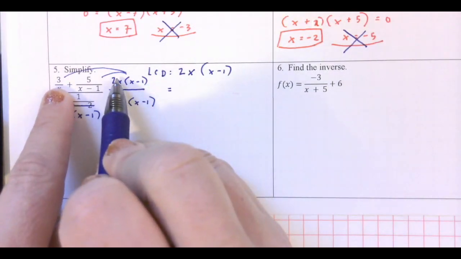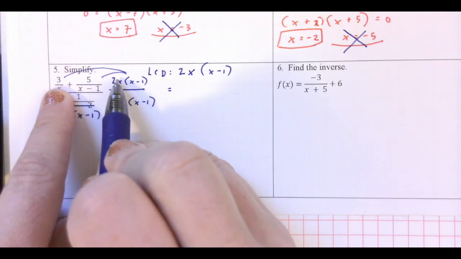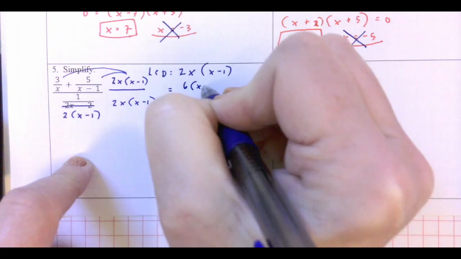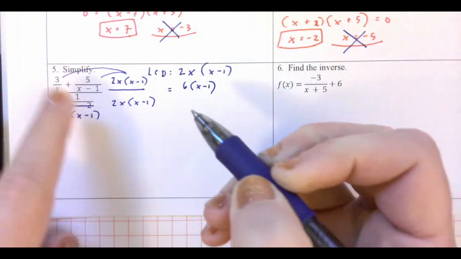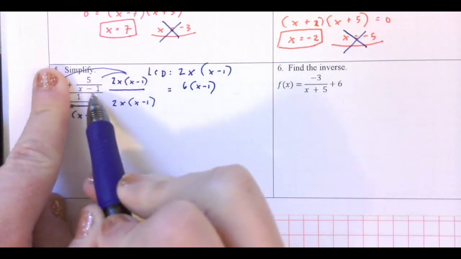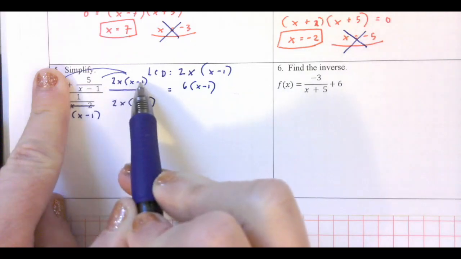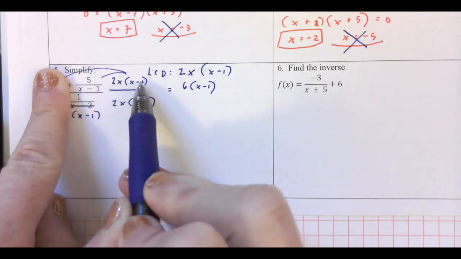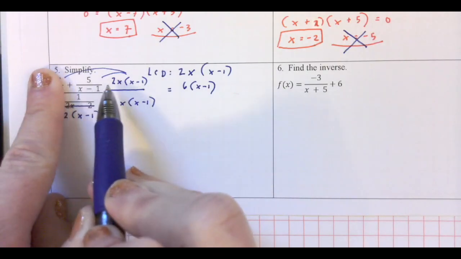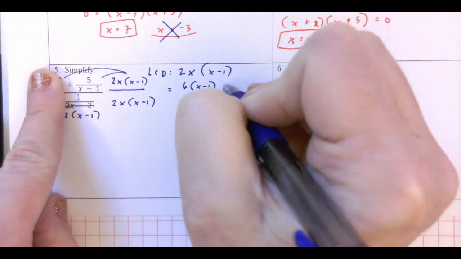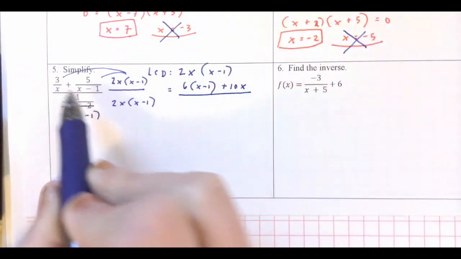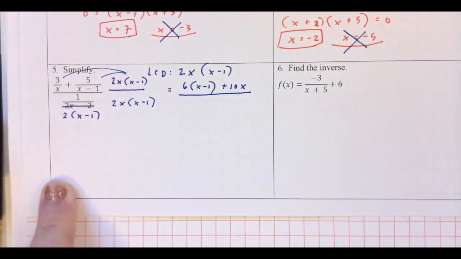Really, it's the x's that are going to cancel out to 1. So 3 times 2 becomes 6 times x minus 1. And then I'm multiplying the 5 over x minus 1 times the 2x times x minus 1. The x minus 1's will cancel away, so 5 times 2x is 10x. All right, so that's what I have right now on top, all cleaned up.